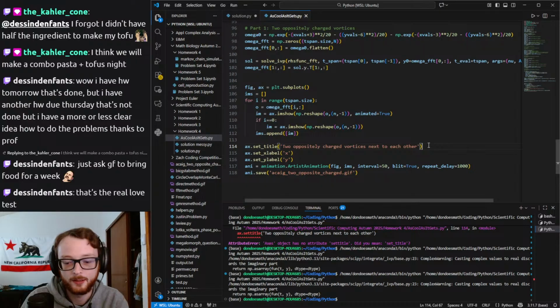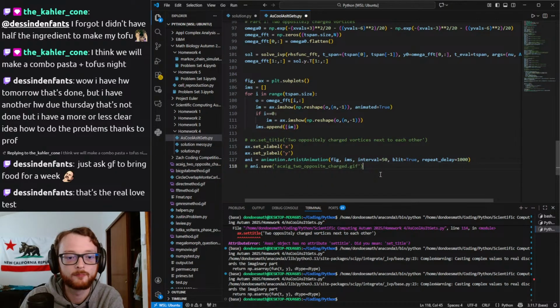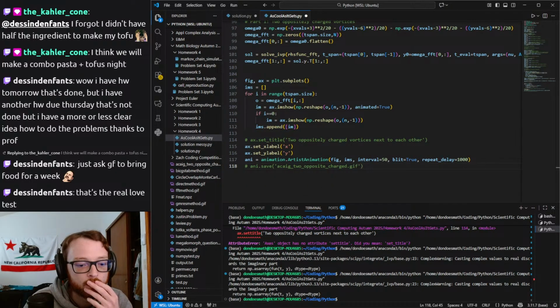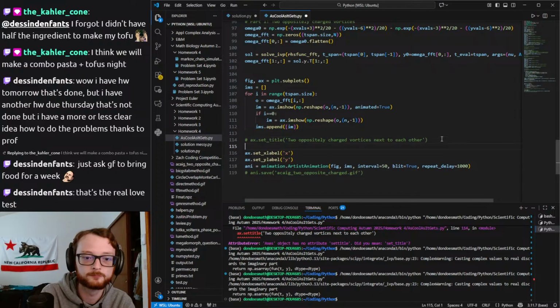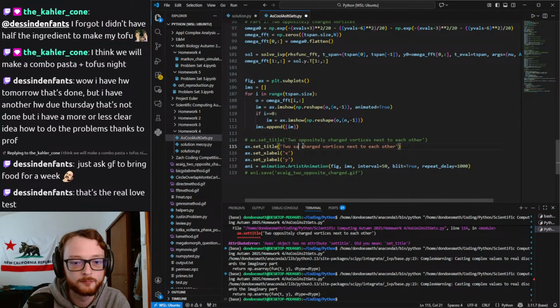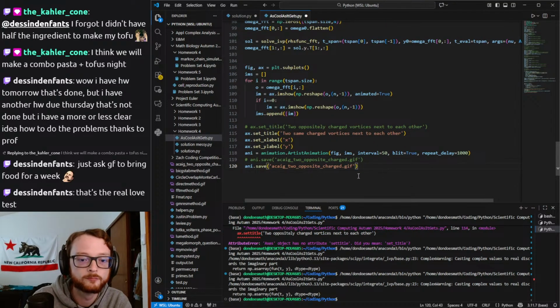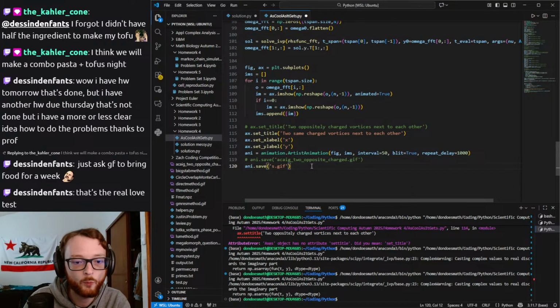The second one, two same charged vortices. What?